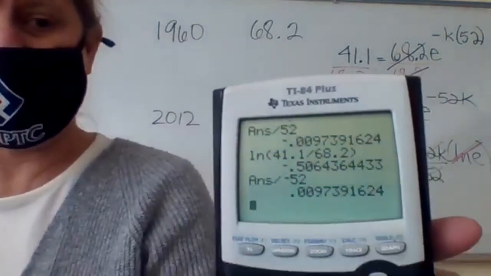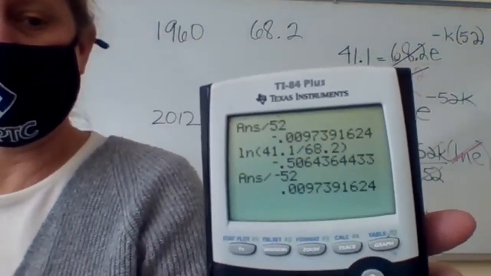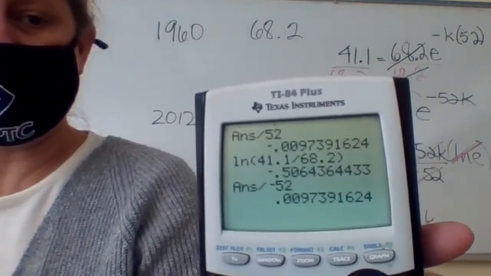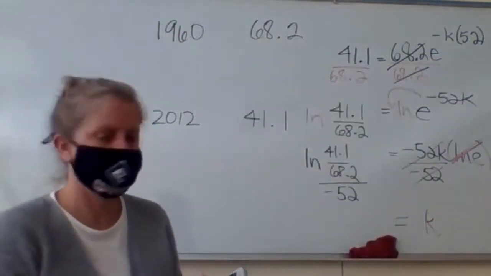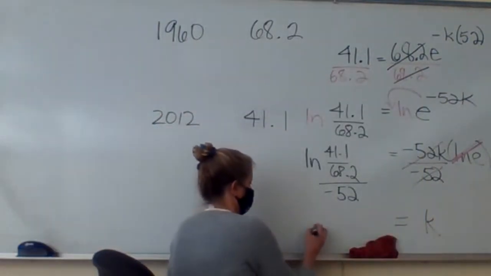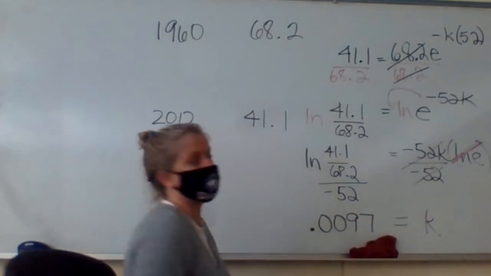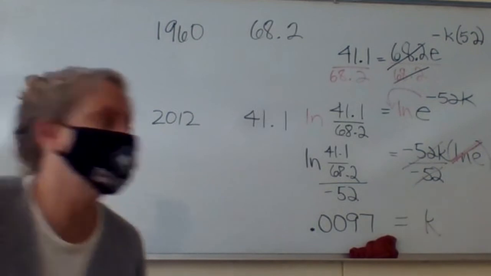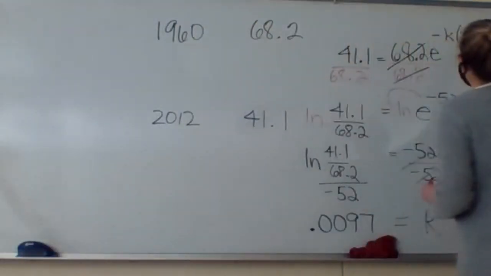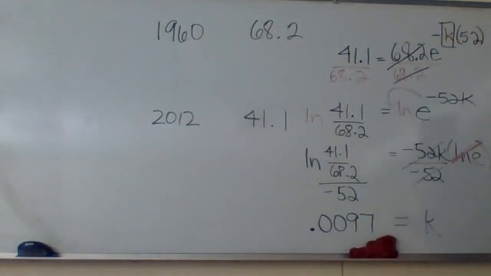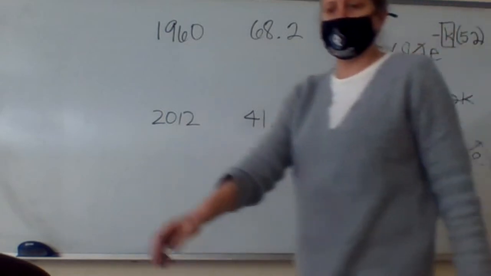So here is the K. 0.0097. That is the rate at which it is declining.